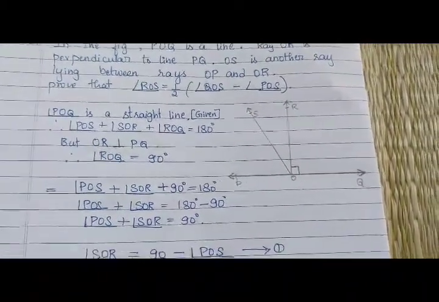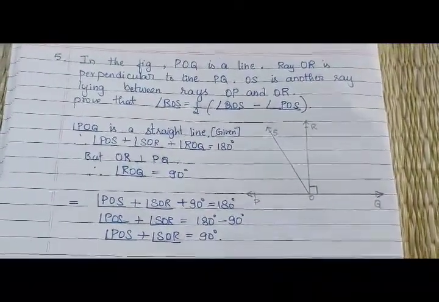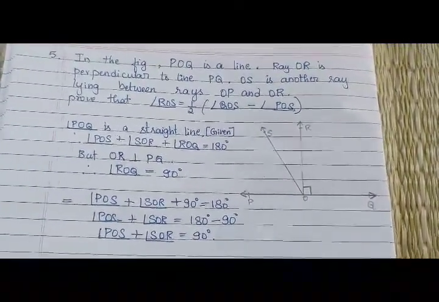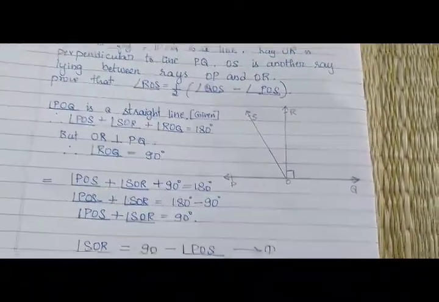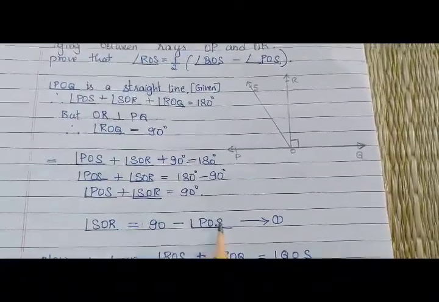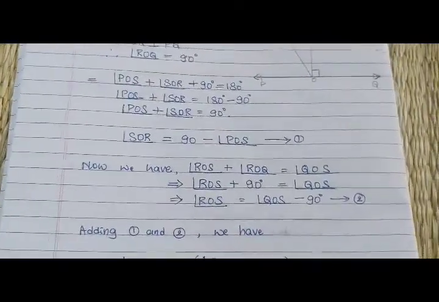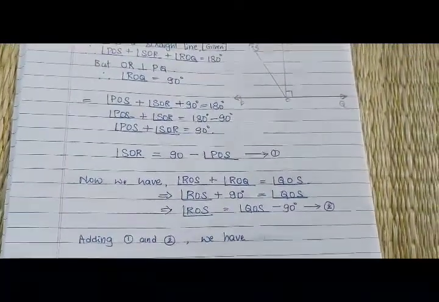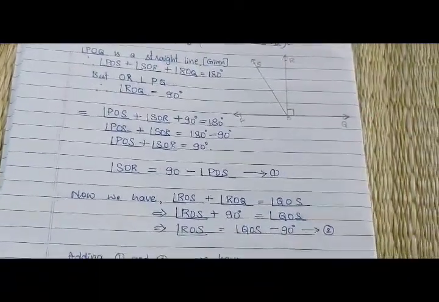One ಸಿಕ್ಕಿತು. This we have got. POS plus SOR plus 90 is equal to 180. POS plus SOR is equal to 180 minus 90. ಹಾಗಾಗಿ ನಮಗಿಲ್ಲಿ SOR is equal to 90 minus POS ಅಂತ ಬಂತು. Let us take it as equation 1. Now we have ROS plus ROQ is equal to QOS ಅಂತ. ROS plus ROQ figure ಅಲ್ಲಿ ನೋಡ್ಕೊಳ್ಳಿ.